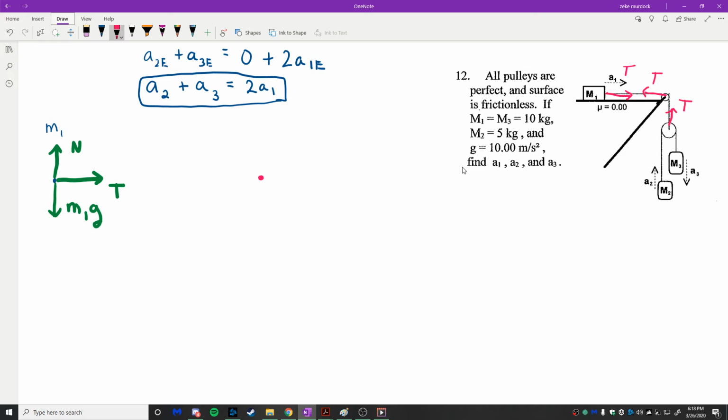Same tension at each piece of this rope. And on the opposite side of the pulley, you're also going to have forces going down like this and like this.